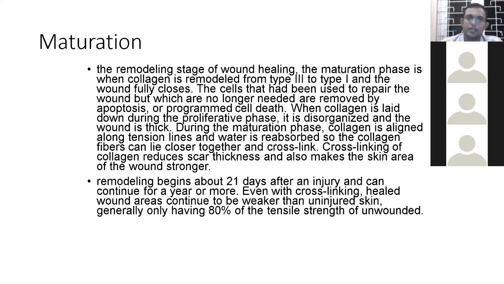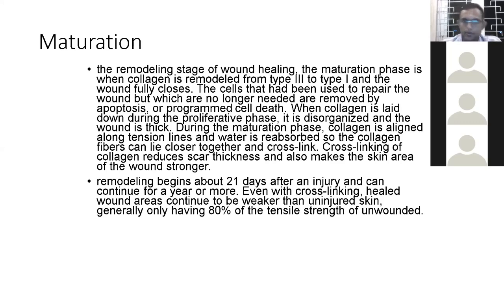So then maturation. What happens is the collagen is remodeled from type 3 to type 1, and the blood vessels and all those things that in excess are no longer needed are removed by apoptosis. That is programmed cell death.